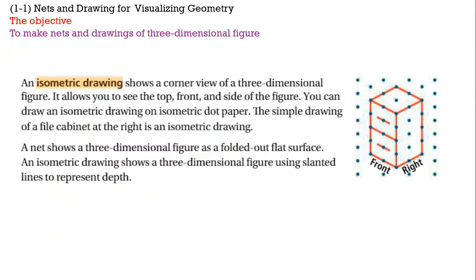Now, this is the last vocabulary that we have in this lesson, which is isometric drawing. It shows a corner view of a three-dimensional figure. That's what I showed you in the beginning of this lesson. So, it allows you to see the top, front, and side of the figure. Let's do that.